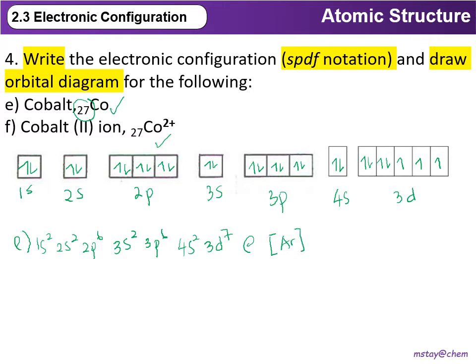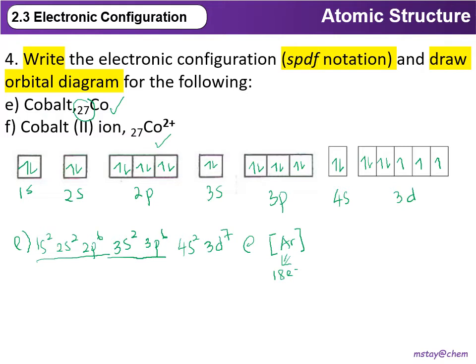If you want to simplify it, we can also write it with argon. Argon is the noble gas which contains 18 electrons. The 1s, 2s, 2p already have 8 electrons, and followed by 3s, 3p, another 8 electrons, so 18 electrons.